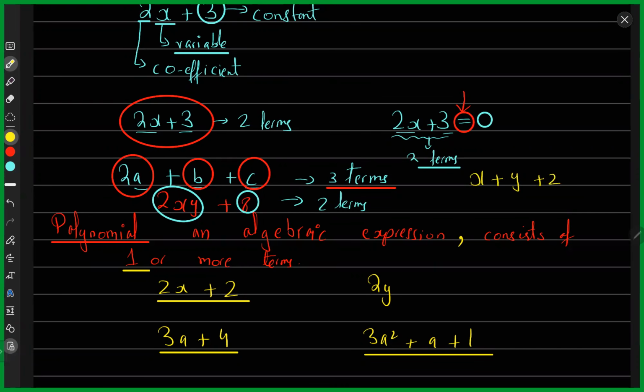If we have different things coming with a plus sign or a minus sign, that is considered a separate term. So it's the first term, the second one, and the third one. This has three terms. And if I say xyz, this is just one term. I do not have a plus or minus sign here that is separating my terms. So this is basically one term. Okay. This is the idea.